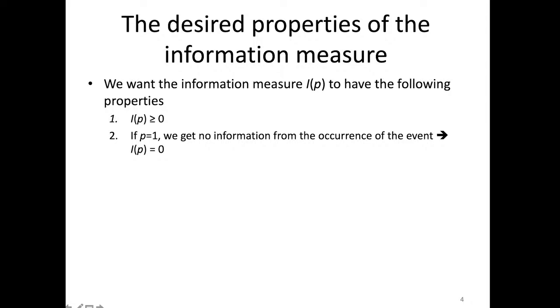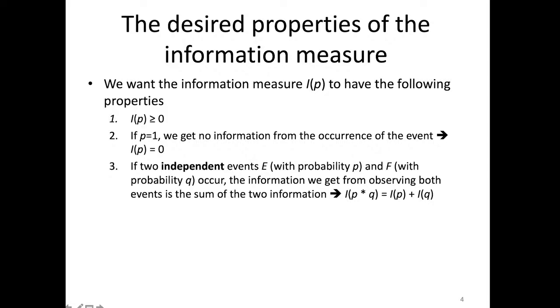Second, if P is 1, this means that this thing is guaranteed to happen. If this is the case, then observing this event tells us nothing at all because it's guaranteed to happen. So there's no information at all. So in this situation, we want I of P to be 0.